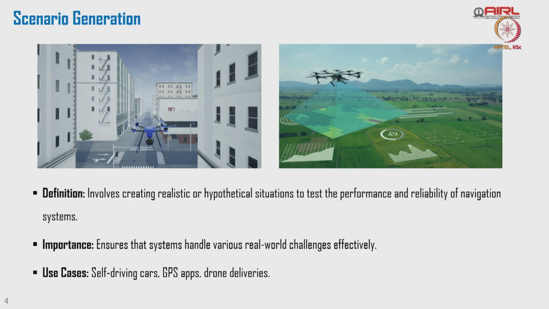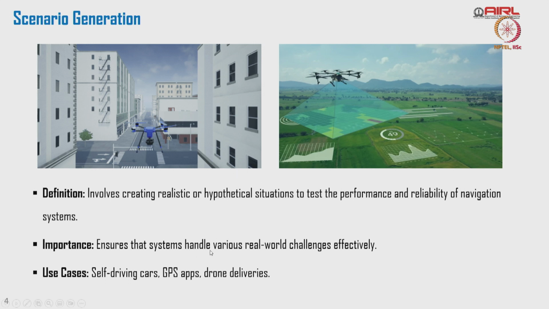For that scenario, you need an algorithm which can generate the necessary trajectory such that the flight control algorithm, whatever we discussed in the previous module, can follow those trajectories without compromising stability and safety. That is what is very important.